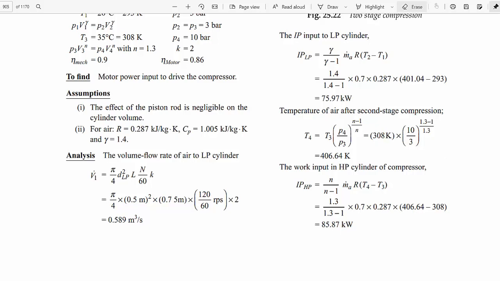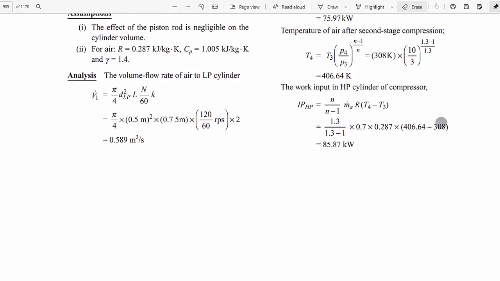Here the first assumption is without clearance concept, therefore we take the formula from the without clearance concept. If they give any details about clearance, we can take the formula from the clearance concept. This is the only difference, the remaining things are same. Finally we have calculated the indicated power of the LP compressor and the indicated power of the HP compressor.